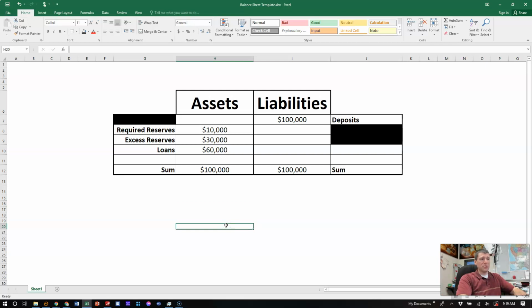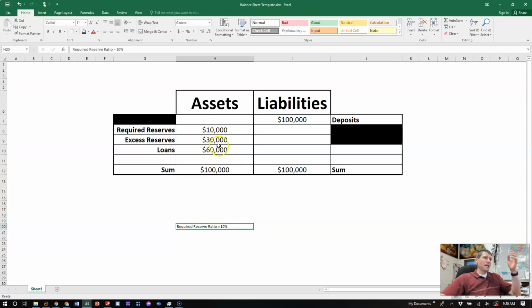So the required reserve ratio, that'd be the percentage that a bank has to keep on hand and may not loan out, in this case, is equal to 10%, because it's 10,000 out of 100,000. If this number was 20,000, it would be 20%, right? 20,000 out of 100,000. So you can figure out what the required reserve ratio is based upon this.